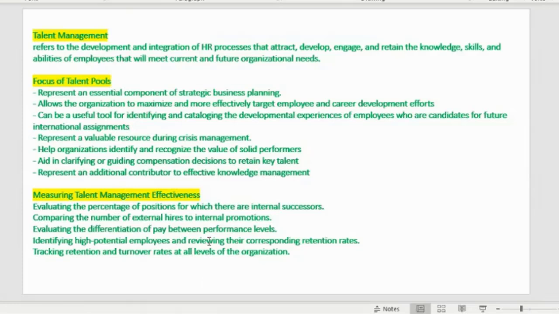Having a talent pool means that you have a group of talent that you can pull from when you need talent.